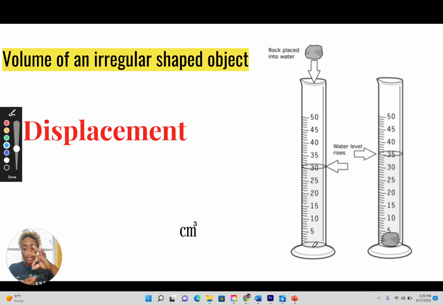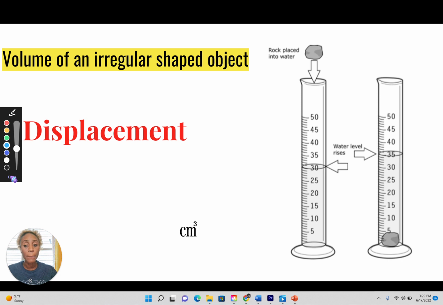Some people will tie a string to the rock and lower it gently inside the graduated cylinder. And then after that, they will take the reading again. See, now it is at 35 milliliters, right? So 30, and then after the rock is placed inside, it's 35 milliliters, right?